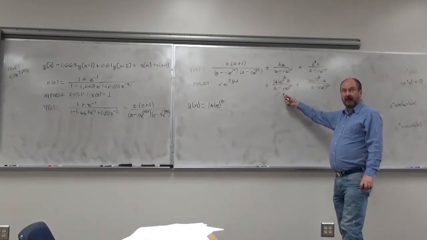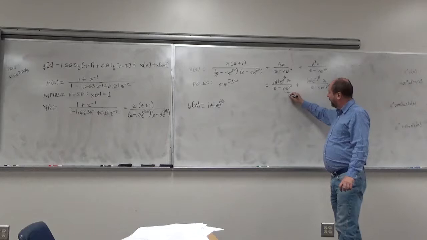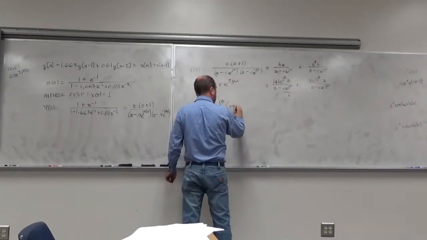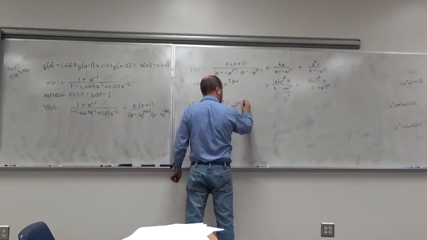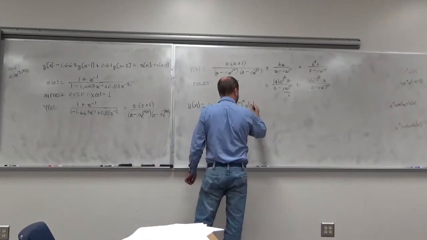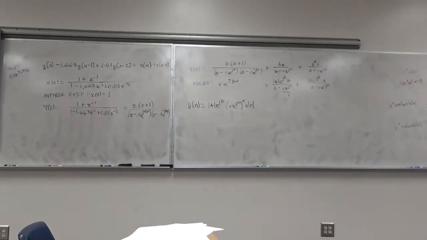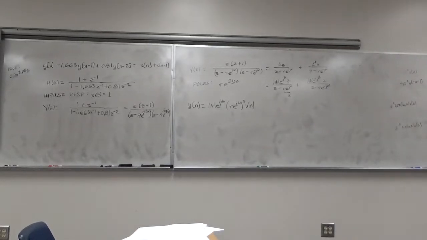A to the n, right? This is what we've been calling little a. So that'll be times r e to the j omega to the n u of n. That z over z minus a, we've been treating it most of the time as if a is real, and it works, but a doesn't have to be real. And here, a is r e to the j omega.